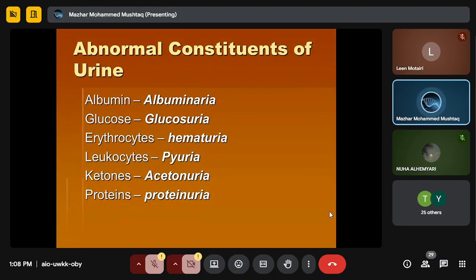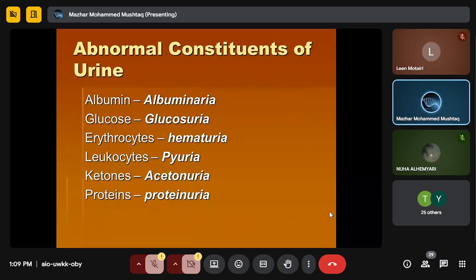Speaking of abnormal constituents, how do we name them? For example, if you find albumin, which is normally not there, we call it albuminuria. Basically, we add the suffix -uria to the substance that is present. Glucose would be called glucosuria.